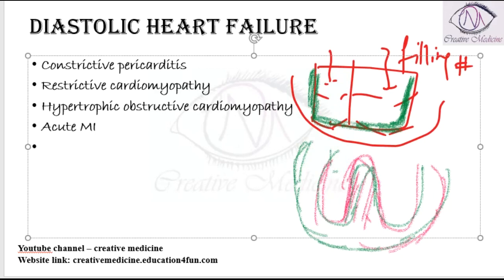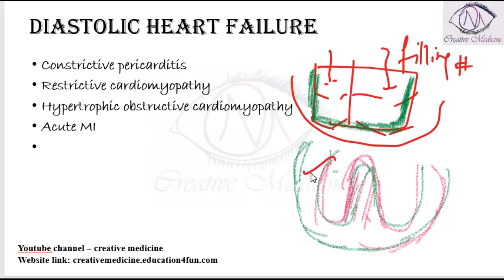In acute myocardial infarction, the myocardium is devoid of blood supply. The blood supply is lost. Suddenly, because of the ischemia, the myocardial wall becomes necrosed and undergoes coagulative necrosis.